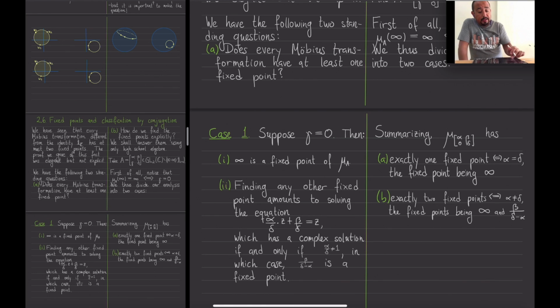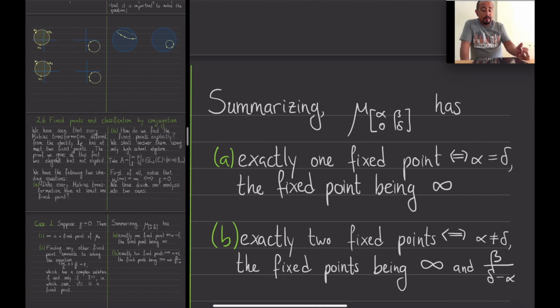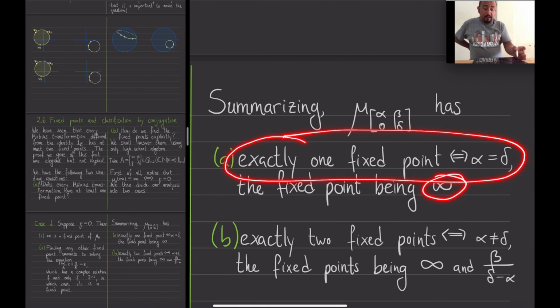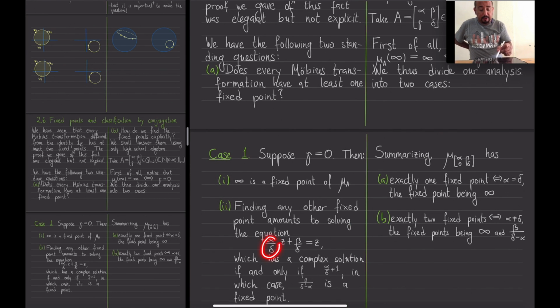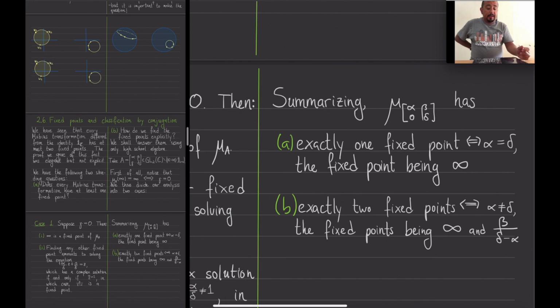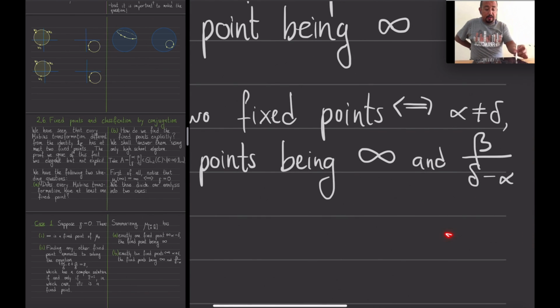So in the case when gamma is 0, that is, when our matrix has this form, one has 2 possibilities: either exactly one fixed point, namely infinity, when that quotient alpha divided by delta is 1, right? So when alpha and delta are equal, and exactly 2 fixed points if they are not equal, in which case you find that the fixed point is this one, explicitly in terms of the entries of the matrix.